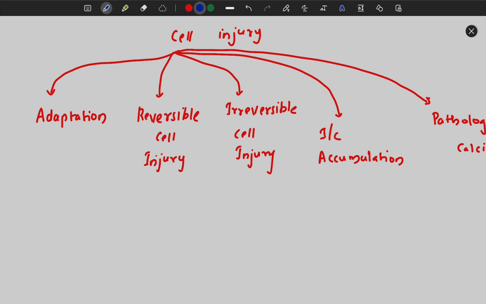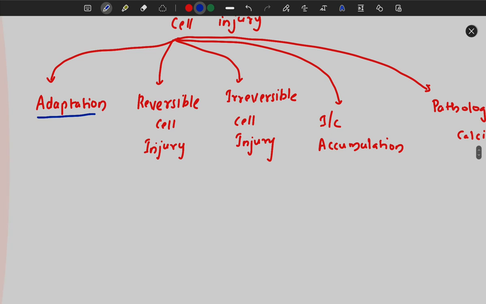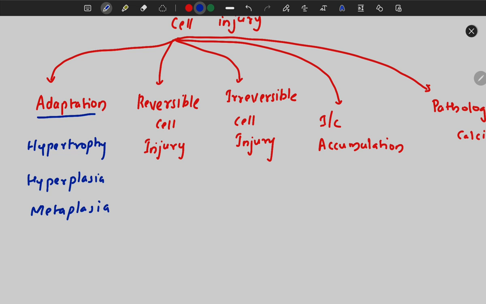The cell will try to adapt initially, by different mechanisms: either by hypertrophy, or by hyperplasia, or by metaplasia, or it leads to atrophy.